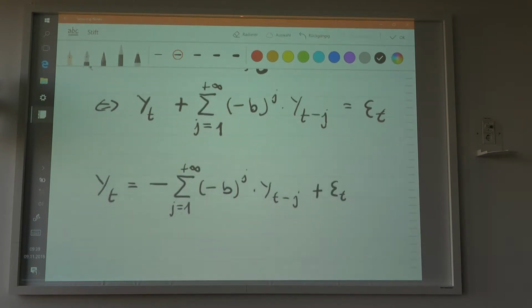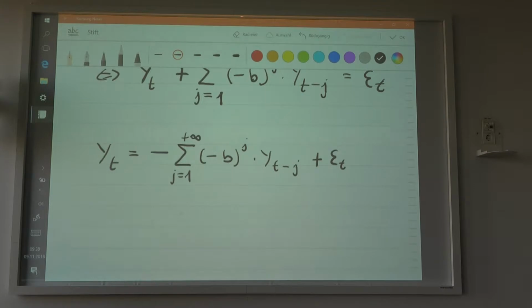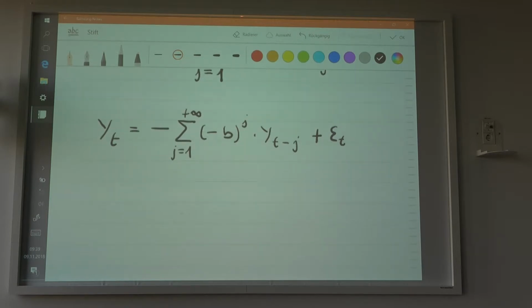I'm taking this whole sum to the right-hand side of the equation, and this is what I get: negative the sum plus epsilon t.